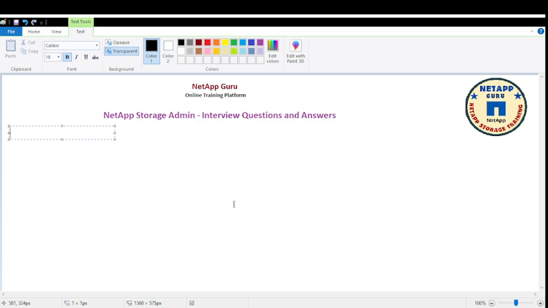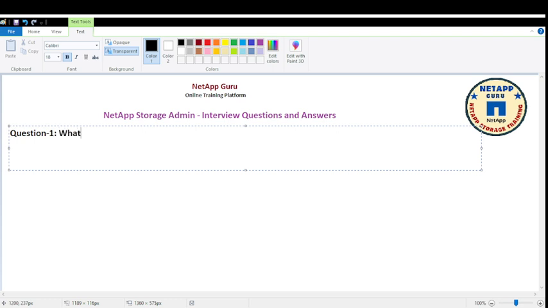Okay. So the first question that we can start with is, what are the storage efficiency features in NetApp?